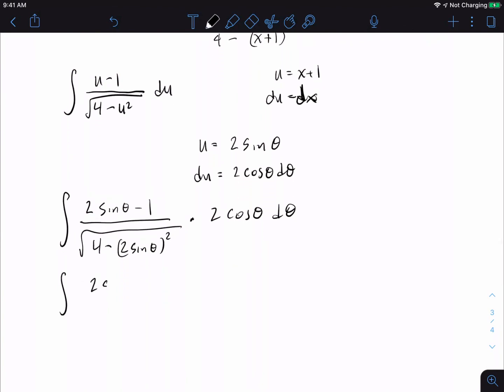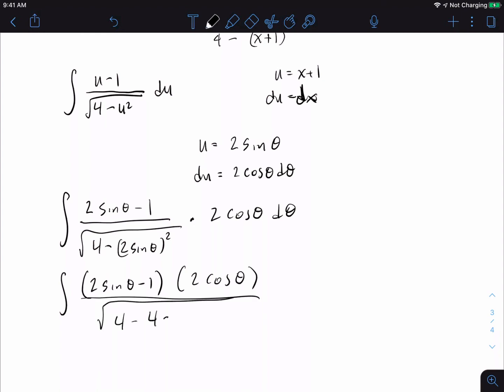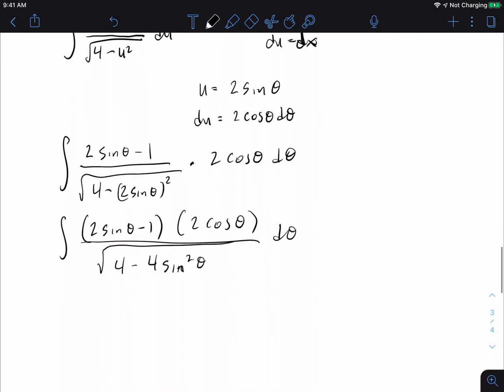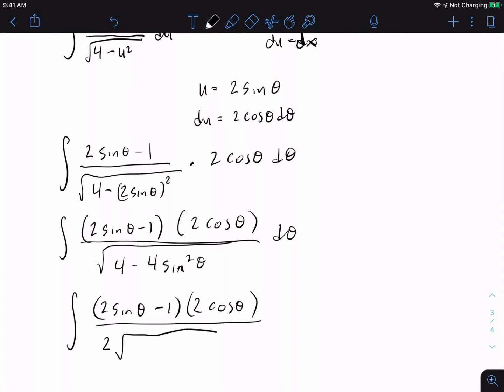That will become 2 sine theta minus 1, 2 cosine theta over square root of 4 minus 4 sine squared theta, which will be 2 sine theta minus 1 times 2 cosine theta, bringing out a 2, 1 minus sine squared theta d theta.